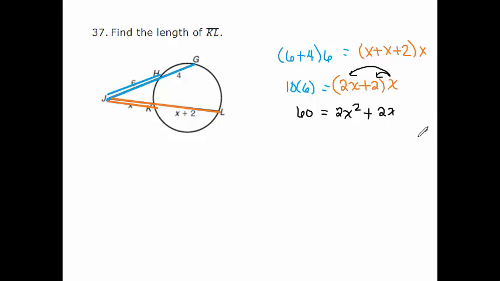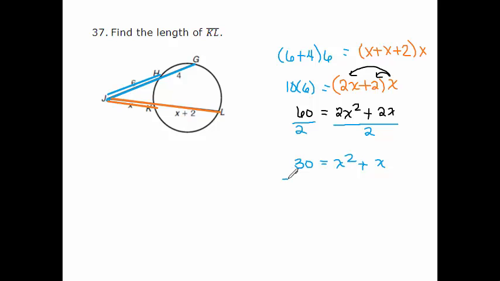So here we have another quadratic, but one thing we can do is divide everything by 2, or factor out a 2 and divide it out. So if I divide this by 2, this by 2, I end up with 30 equals x squared plus x. That's a little bit easier to work with.